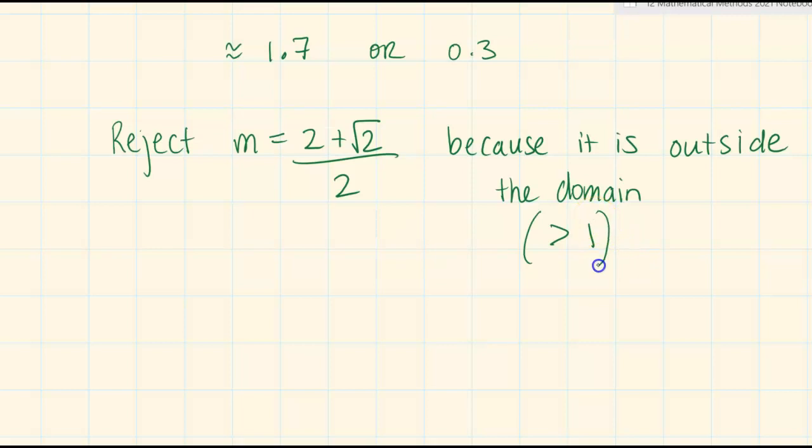All right, so we've got the median value equals 2 minus root 2 on 2. Right, let's find that using graph mode.